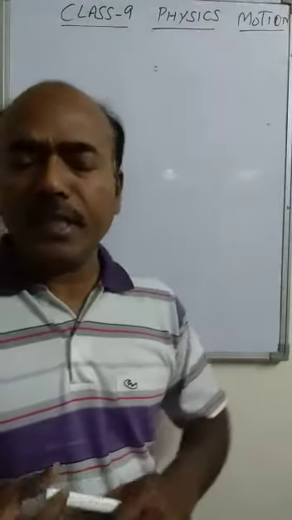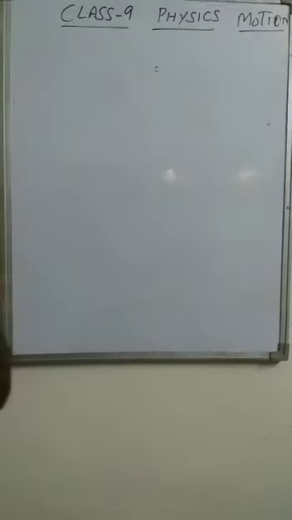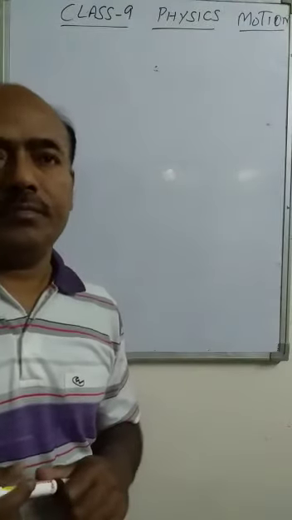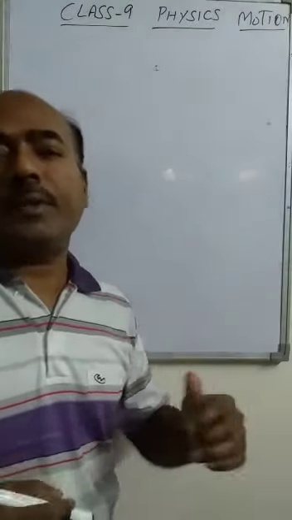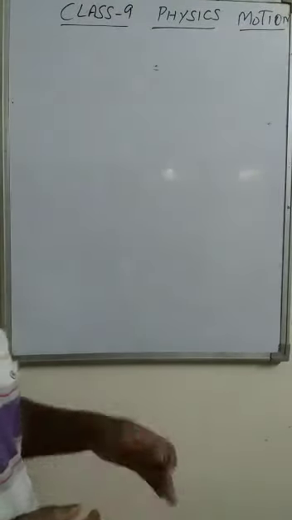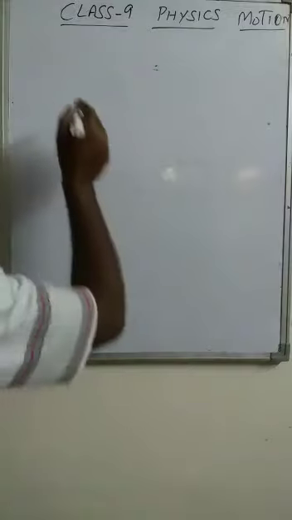So, by seeing this, we classify the speed and the velocity into different types. There are 4 types of speed. Similarly, in velocity also there are 4 types.